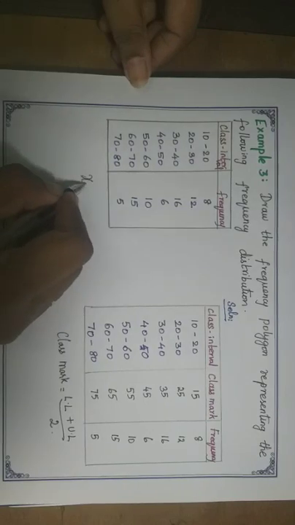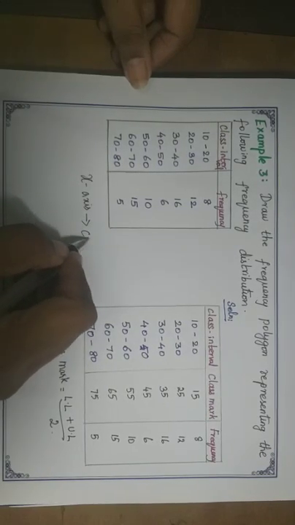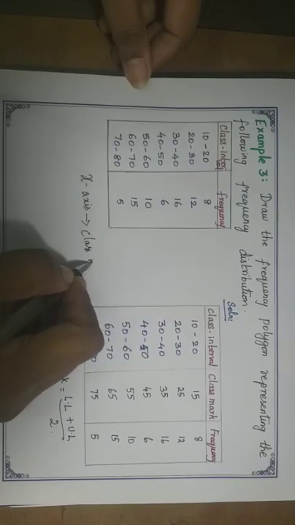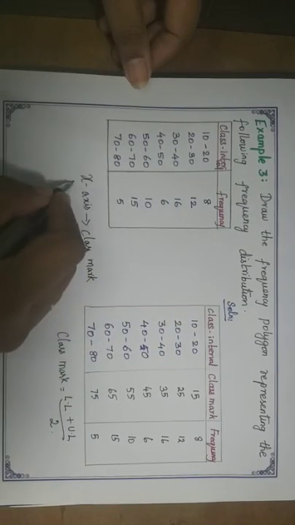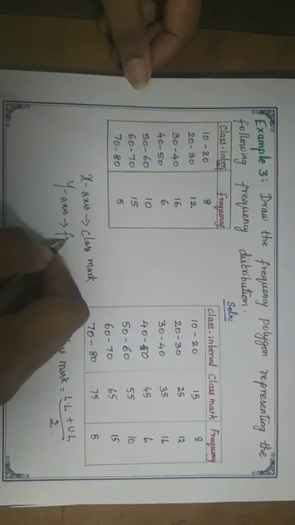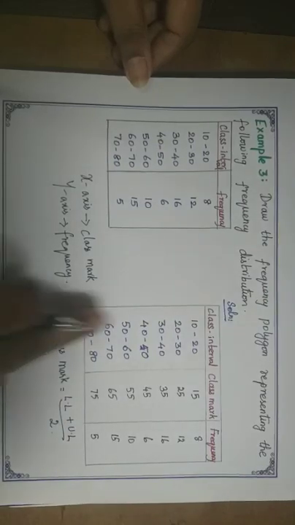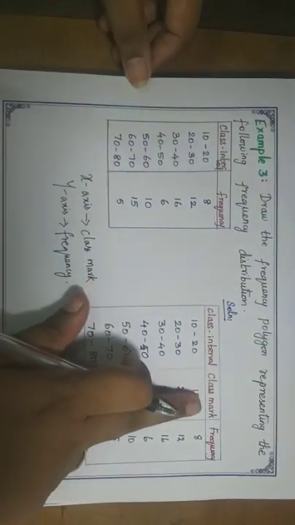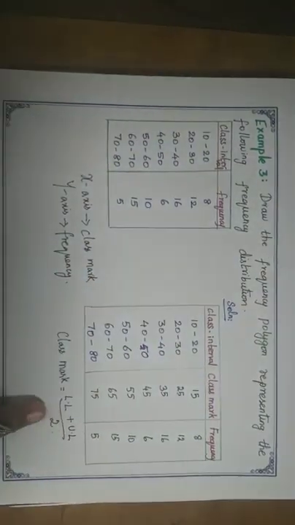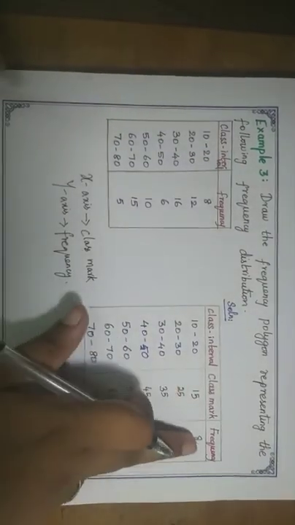Now the x-axis will be the class mark. We have to represent the x-axis by class mark and the y-axis by frequency. To draw the frequency polygon, first we want to find out the class mark and the respective frequency.